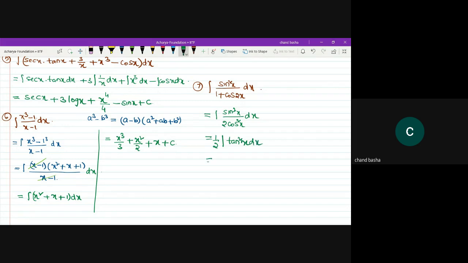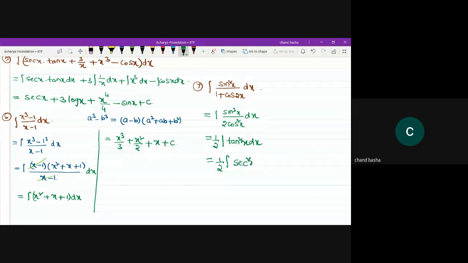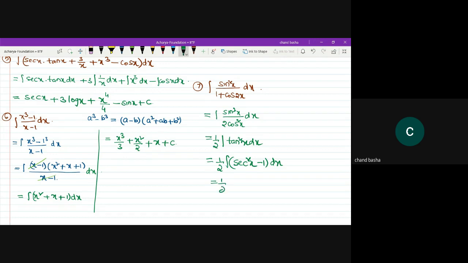So as I said, we don't have any formula for tan square. We can write it as secant square x minus 1. Hope this is clear. Tan square means secant square x minus 1. 1 divided by 2, and in bracket I can take integral secant square x into dx minus integral 1 into dx.